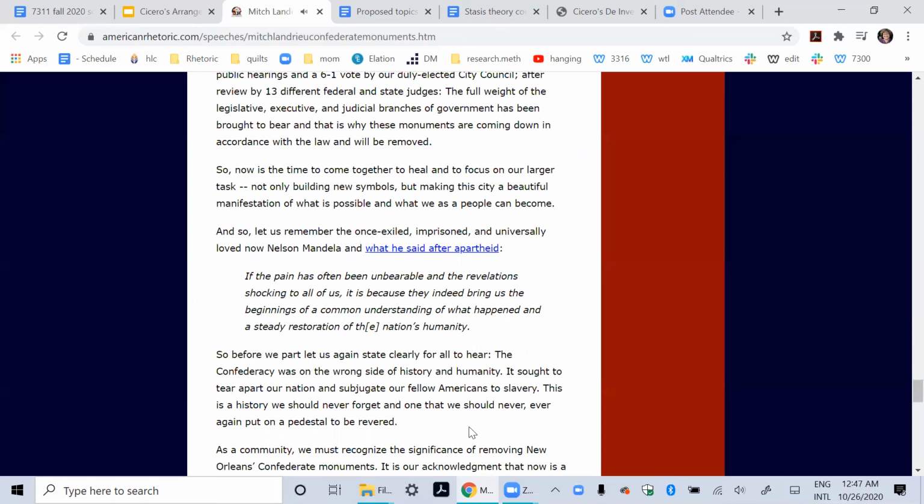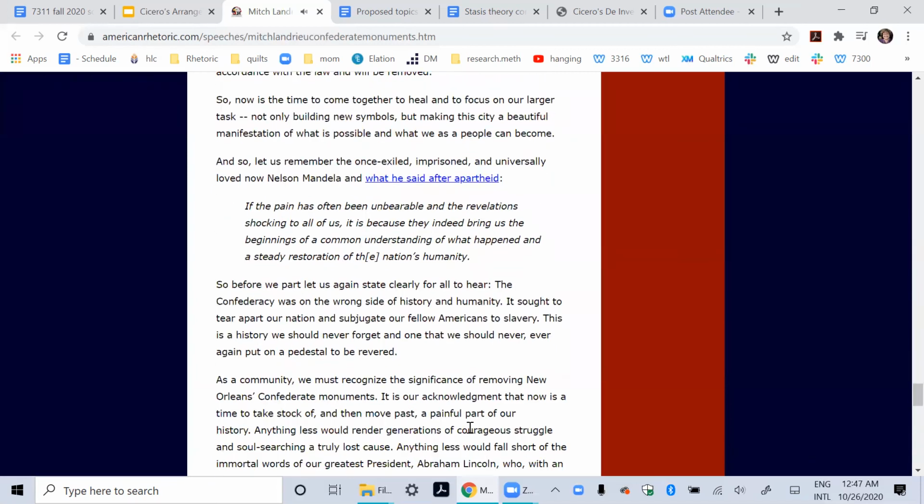If the pain has often been unbearable and the revelation shocking to all of us, it is because they indeed bring us the beginnings of a common understanding of what happened and a steady restoration of this nation's humanity.